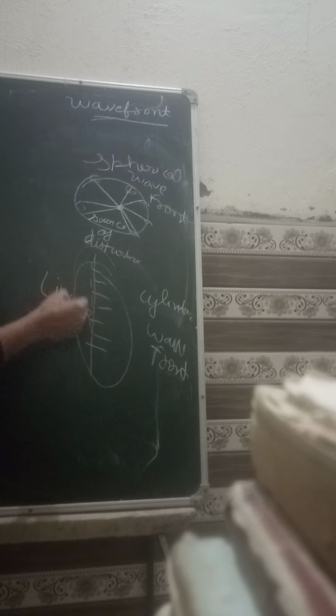And what more is left? Sorry, cylindrical wavefront. If the source of disturbance is linear, we will get a cylindrical wavefront. If point and linear sources meet, meaning the source of disturbance is both point and linear, then we are going to get a plane wavefront.